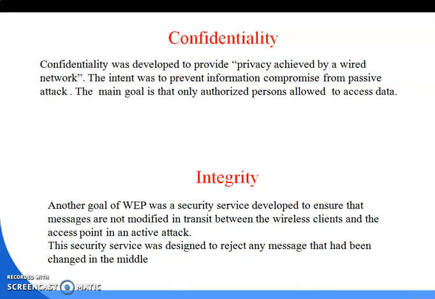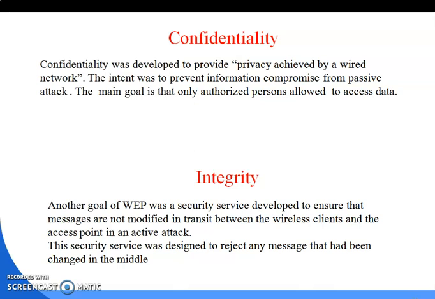Next is integrity. Another goal of WEP was a security service developed to ensure integrity. That means the messages are not modified in transit between the wireless clients and the access point in an active attack.